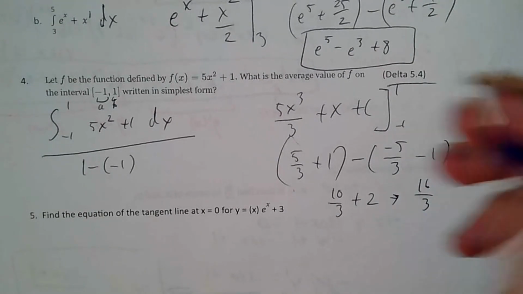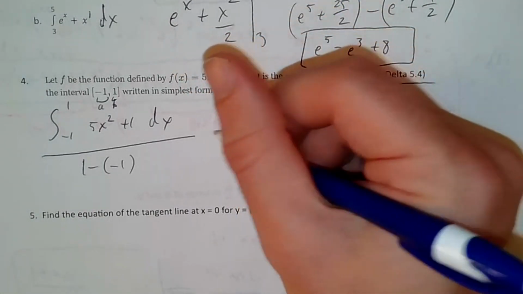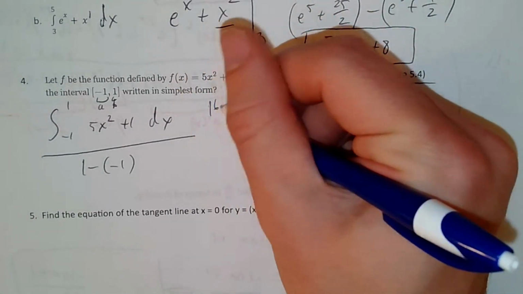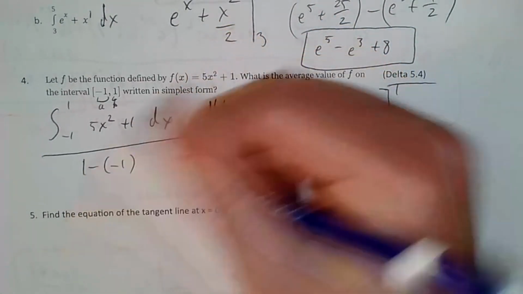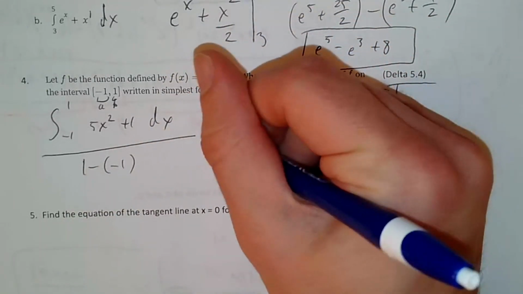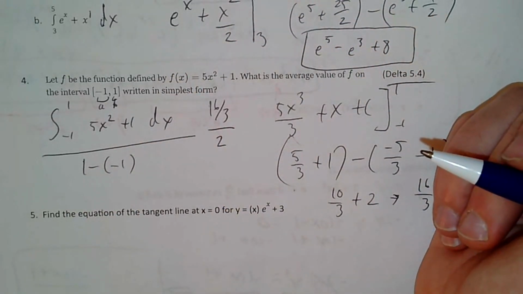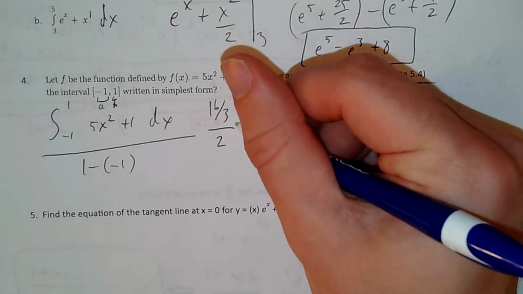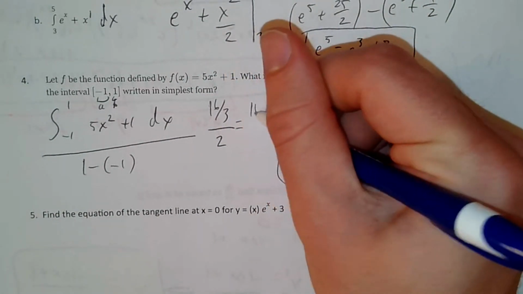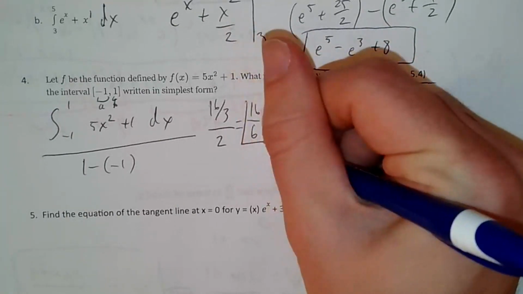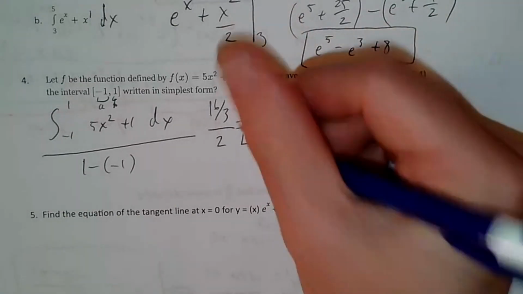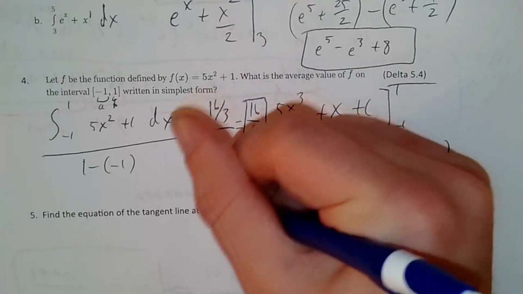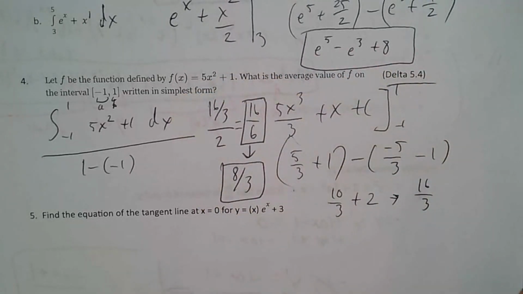So then back over here, we have 16/3 over 1 minus -1, which is 2. 16/3 divided by 2 is 16 over 6, which would simplify to 8/3. Okay.